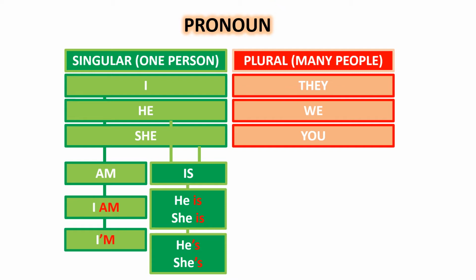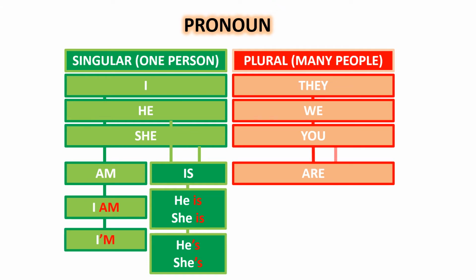Sometimes you is used for one person, and sometimes it's used for many people. So why do we use you here? Because you is special. So you are. Whenever we see they, we, or you, we will always use are.